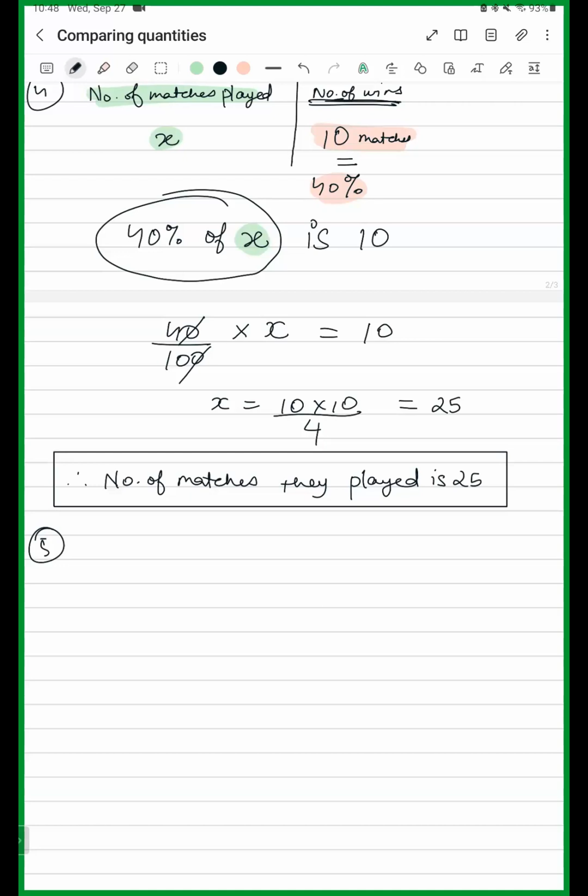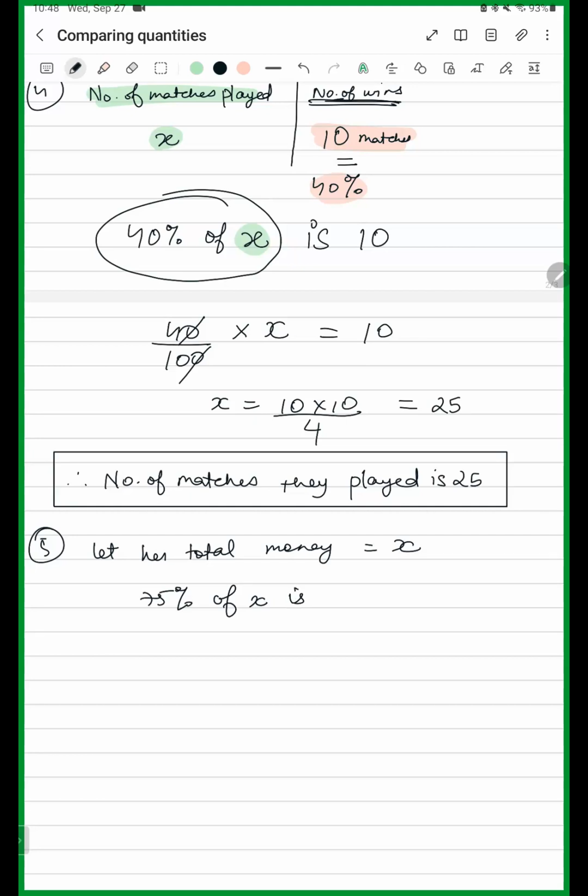So similarly, in the fifth one, 75% of her money. Now, how much is her money? We don't know. That is something we have to find out. So 75 divided by 100 multiplied by X. Let her total money be X. That means 75% of X is how much?